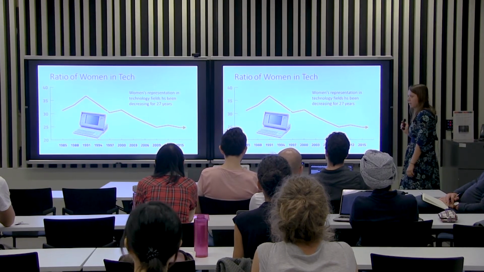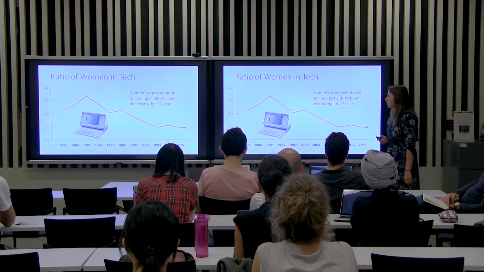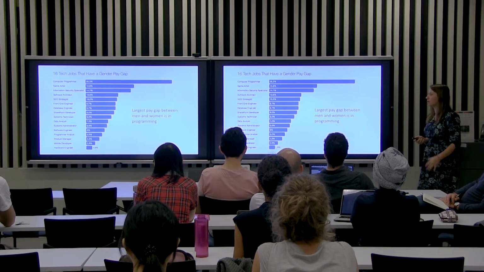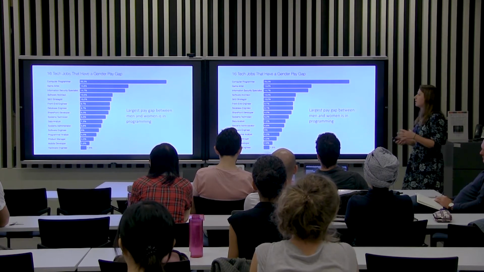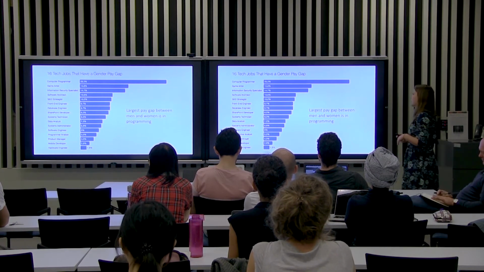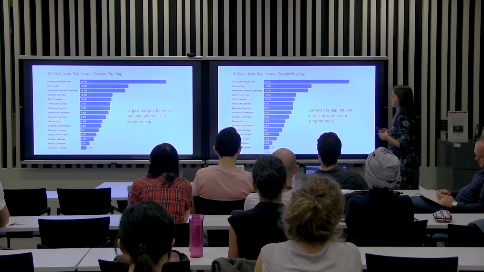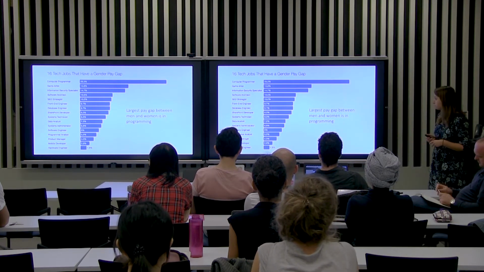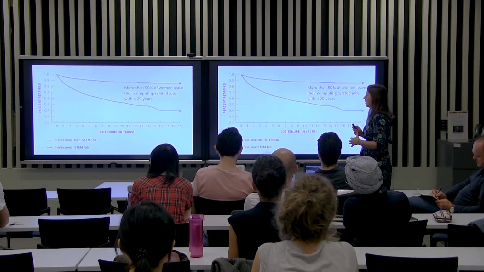It has created a lot of problems in the industry in general. Also, in almost all fields, but especially in technical fields, there's a high gender pay gap, especially in the case of computer programmers. Women on average earn like 28% less than men, which creates a lot of problems in the long term.